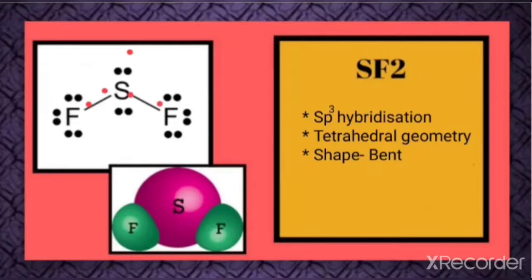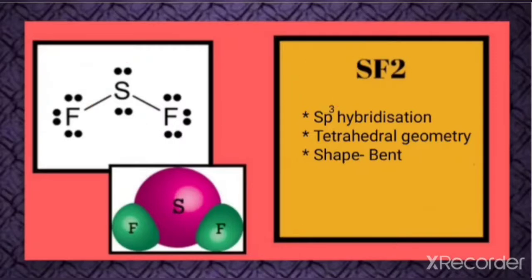So it forms a Lewis structure in which there are 2 bond pairs and 2 lone pairs. When we make the sum, 2 bond pairs plus 2 lone pairs is equal to 4.